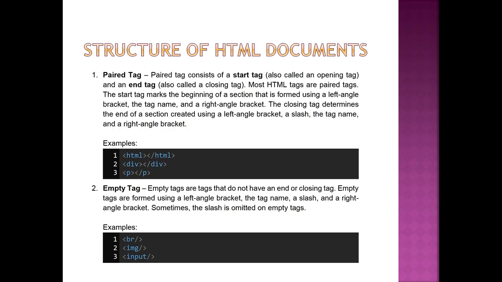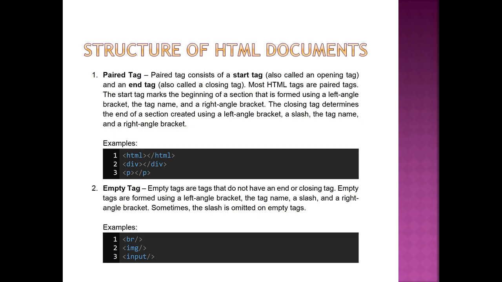The start tag is the beginning of an HTML tag, and the end tag is the closing of an HTML tag, which we have in an example here of the HTML div and p tag, or a paragraph tag.